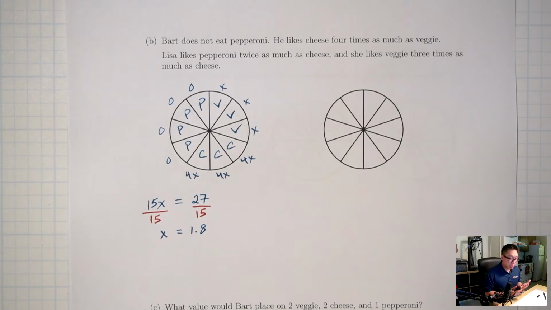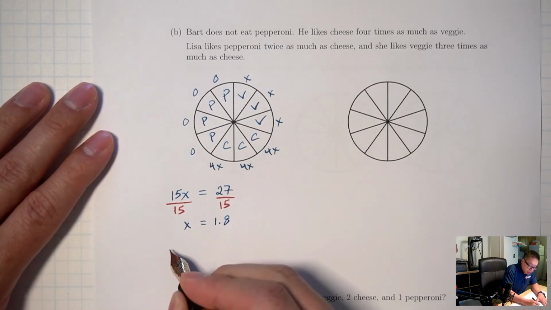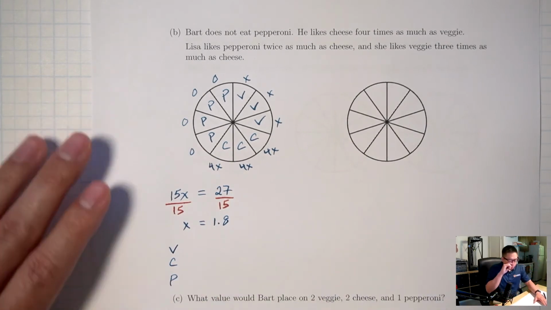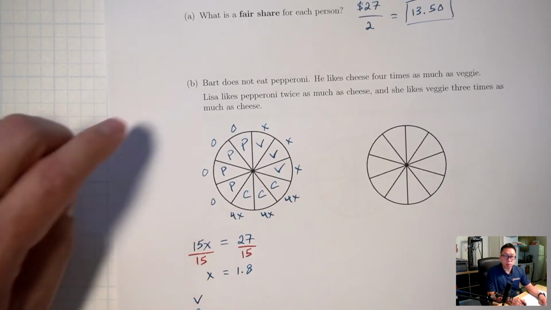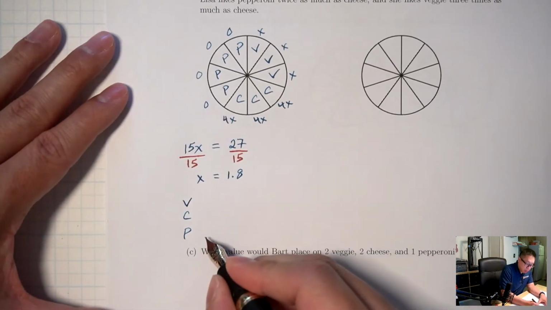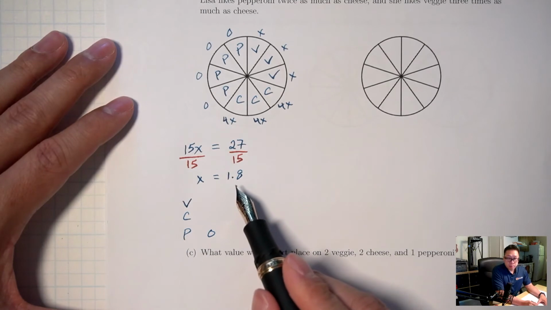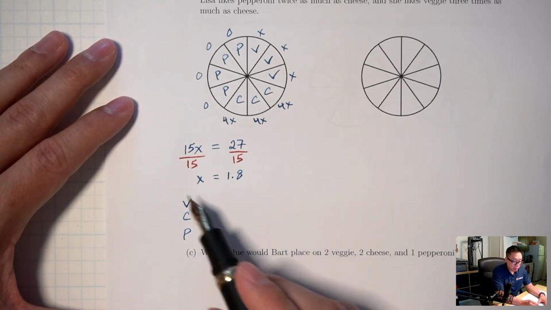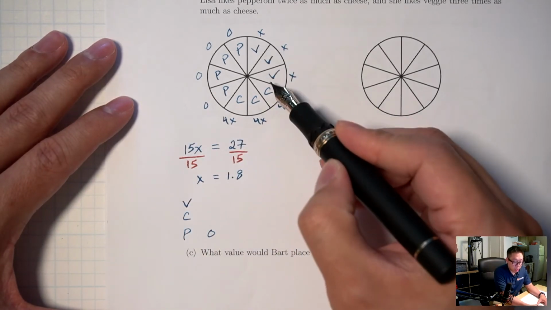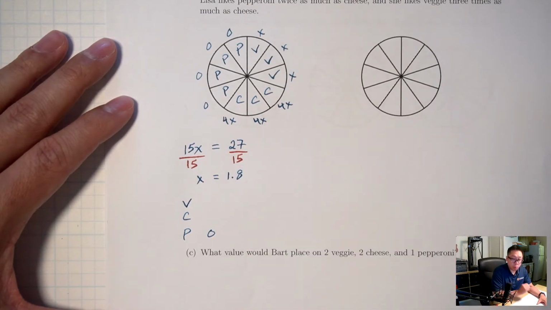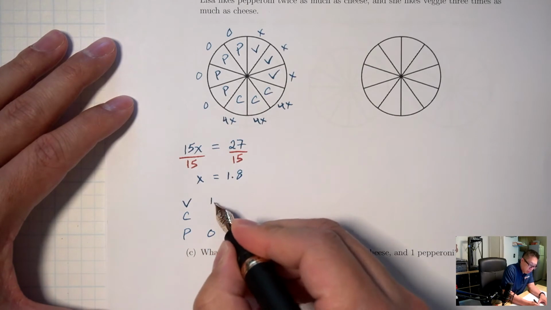And now you can write down what each slice is worth to Bart. So there are veggie slices, there are cheese slices, and there are pepperoni slices. Now, we know that the pepperoni slices are worth 0, so let me put 0 for pepperoni. The 1.8 is x. In our picture, x was the veggies. So x, the veggies, are worth 1.8.